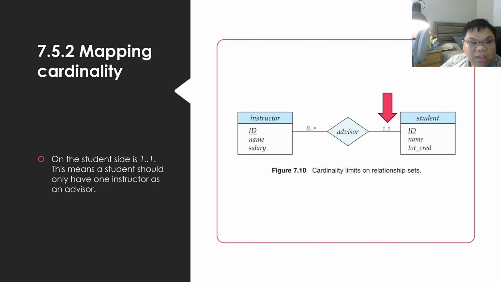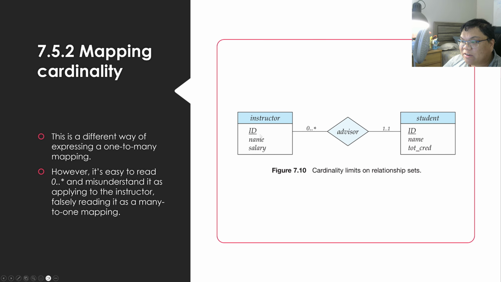This is just a different way of representing a one-to-many mapping, but you might look at this and think to yourself, the 0..* applies to instructor and 1..1 applies to student. So this is supposed to be a one-to-many mapping, but again, it's easy to misread this and think it's a many-to-one.